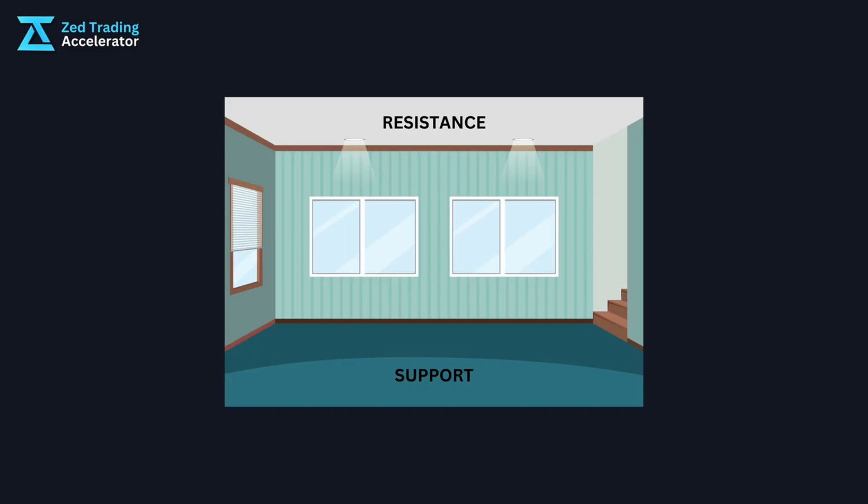I need you to imagine this. This floor is our support and the ceiling is the resistance. All of the supports are fair value gaps, order blocks, breaker blocks, rejection blocks.